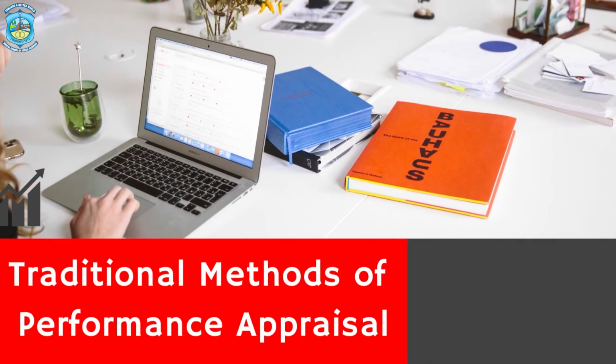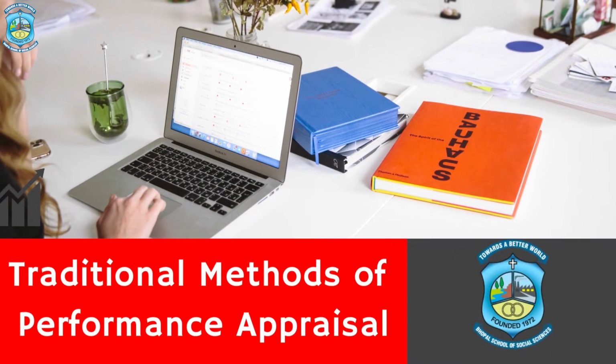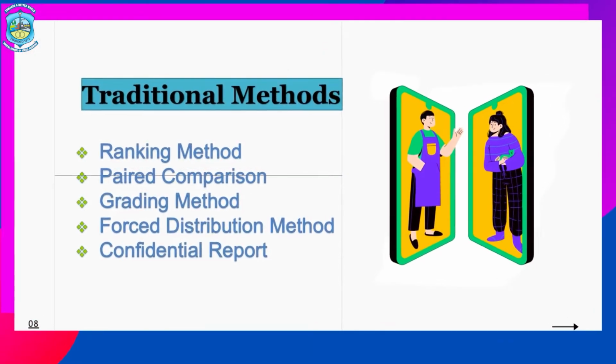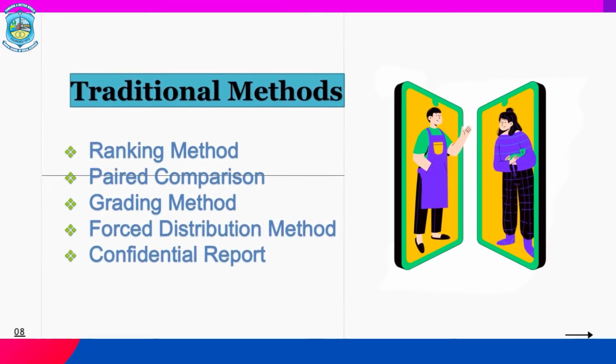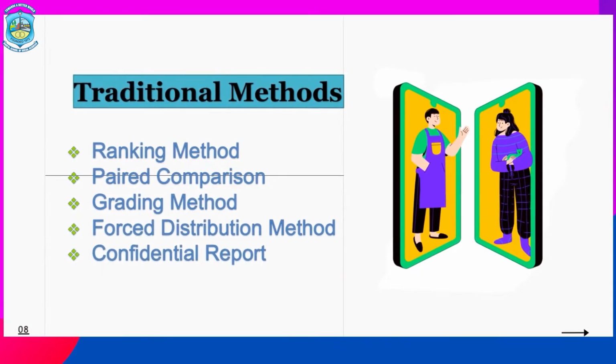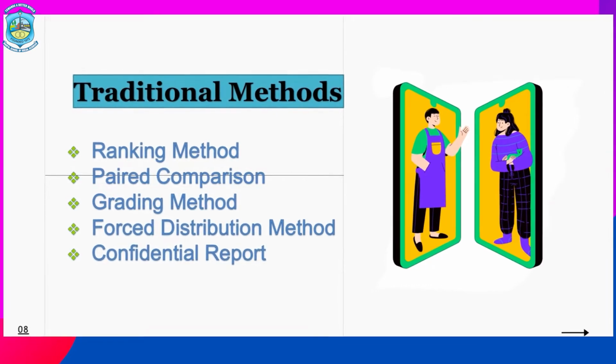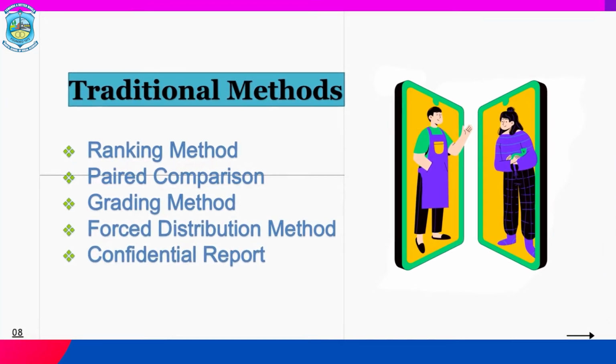There are various traditional methods which are used for appraising the performance of employees in the organization. In this video, we will be covering the traditional methods like the ranking method, paired comparison method, grading method, forced distribution method and confidential reports.